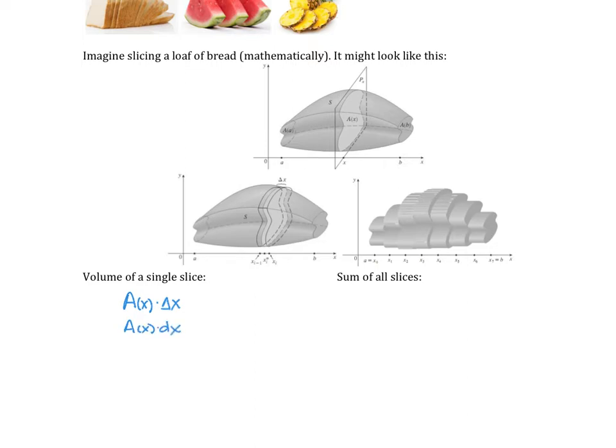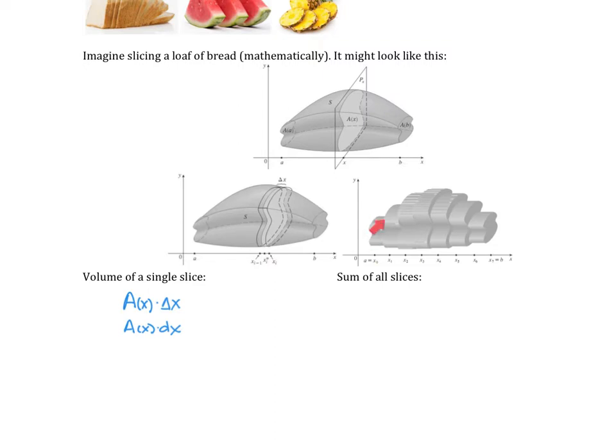Or maybe we look at it like this. And if I want to find the sum of all the slices, meaning I want to find this volume, I'm going to add up each of these slices. Imagine cutting them infinitely smaller and smaller. Okay? Kind of like the Riemann sums, right?